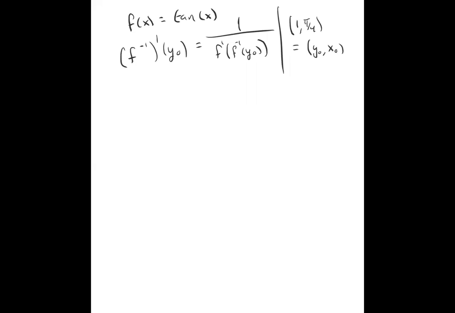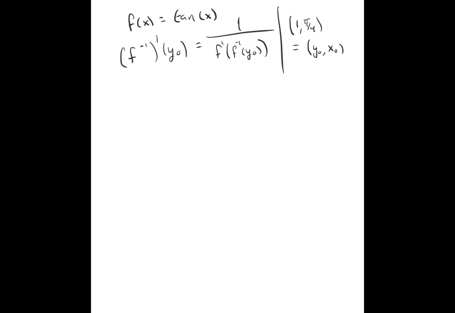The biggest problem that Calc 2 students typically have with problems like this is trying to determine: is this point on the f that was given, or is it on the f inverse I'm looking for? There's a little bit of subtlety there. If we think about this in terms of the inverse function, we would feed tangent pi over 4 and get 1 out of it.